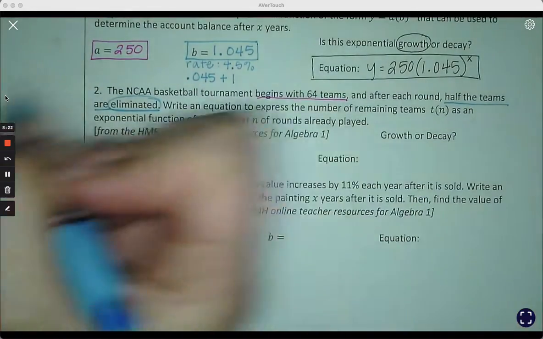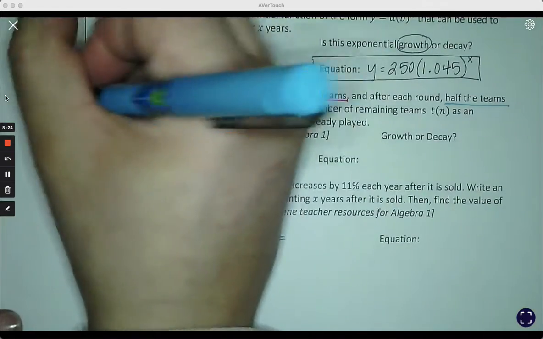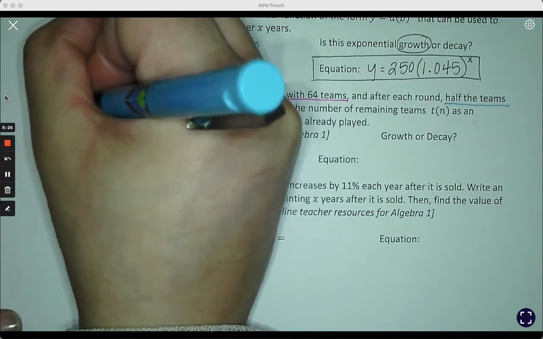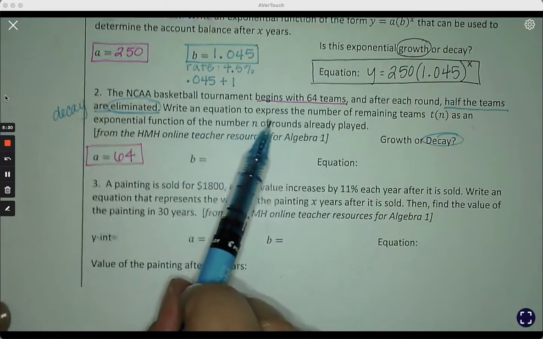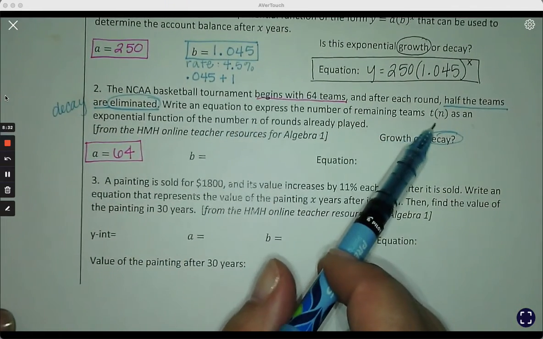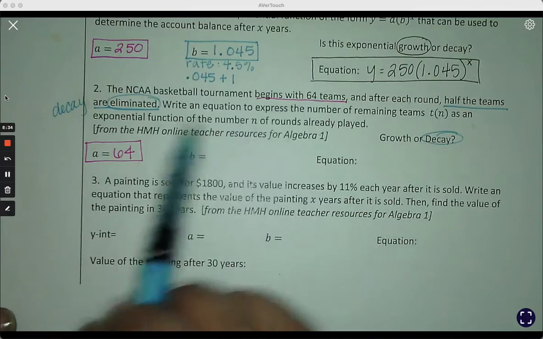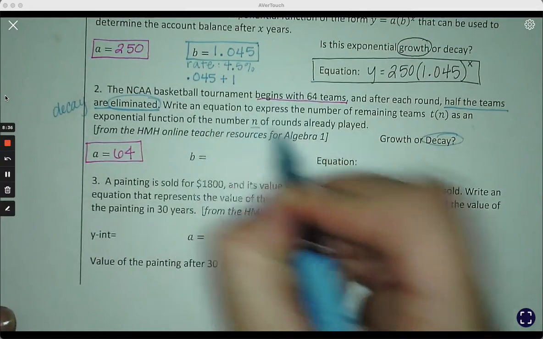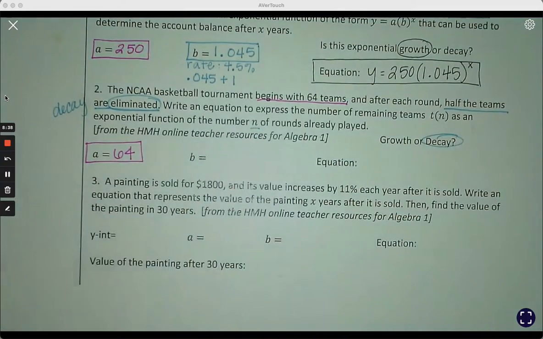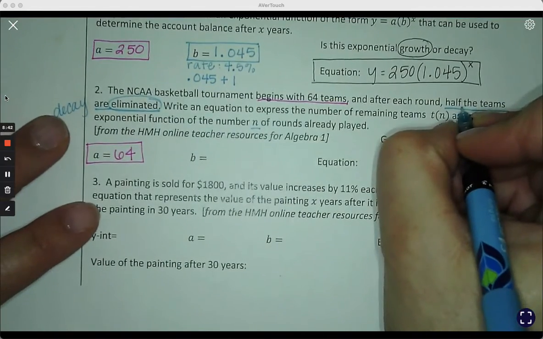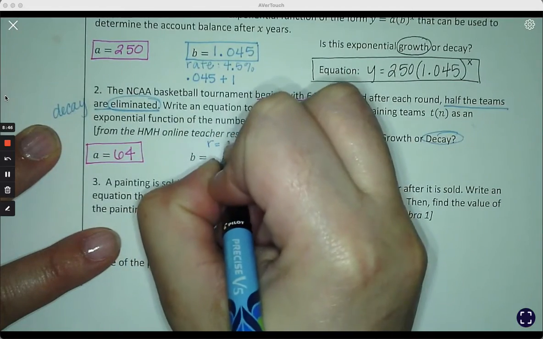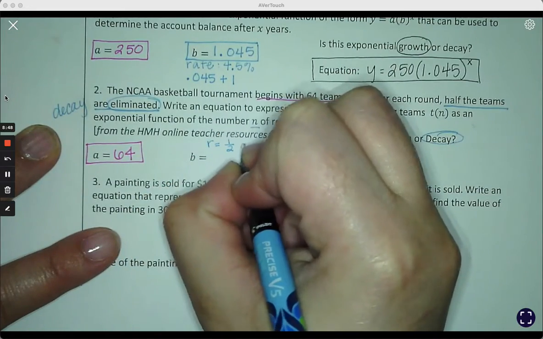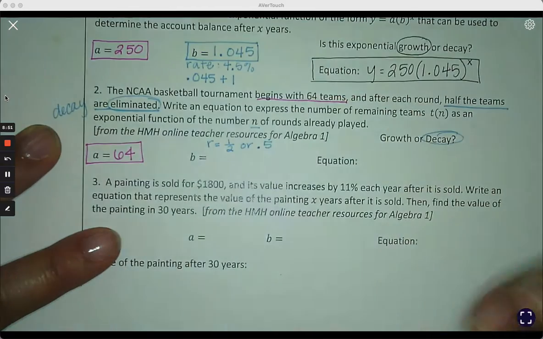So if half of them are going away each time, we have a decay function. Okay, write an equation to express the number of remaining teams, T sub n, as an exponential function, and so instead of x, they want us to use n. Okay, so I know that the rate that we're decaying is 1/2 or 0.5.